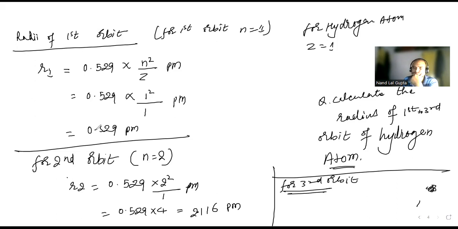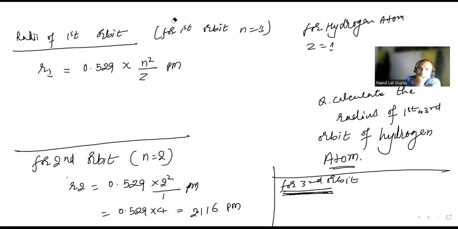Done, sir. Can you do this problem? For the third orbit, how much will come? For the third orbit, it is 0.529 into 3 square upon 1. Good.